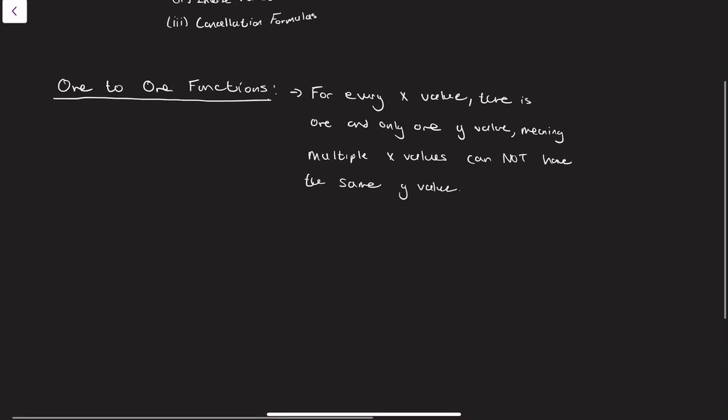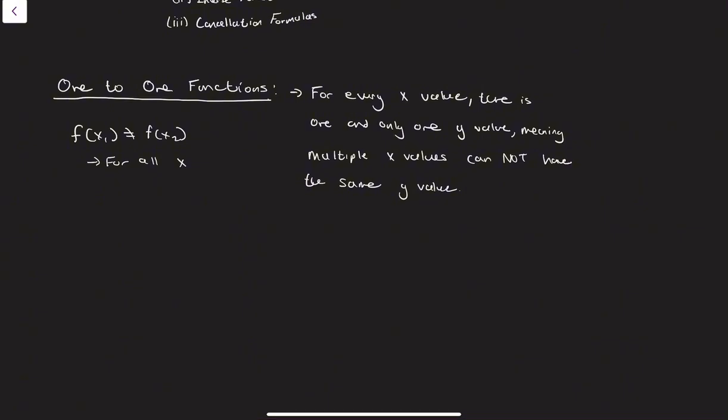Great. So a simpler definition of this would be that f of x1 cannot equal f of x2 for all x. So we will never have one x value have the exact same value as another x value. So how can we determine this?